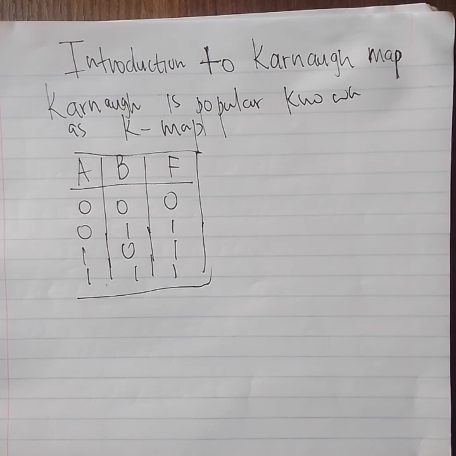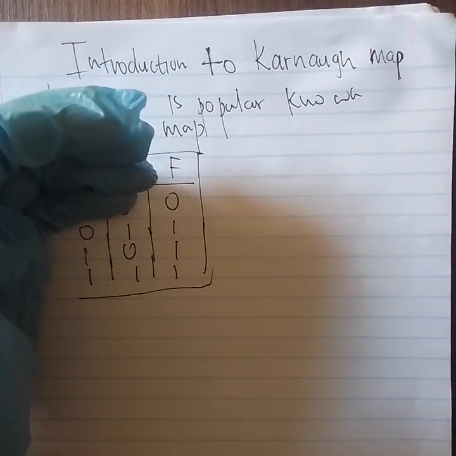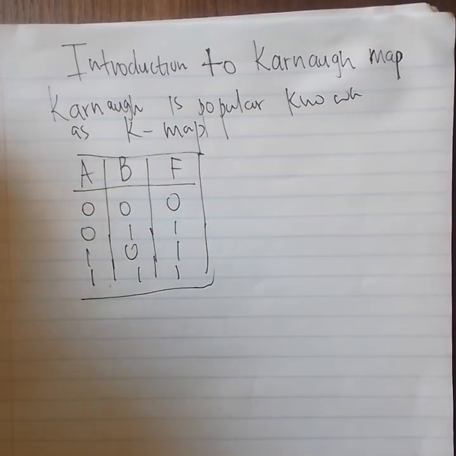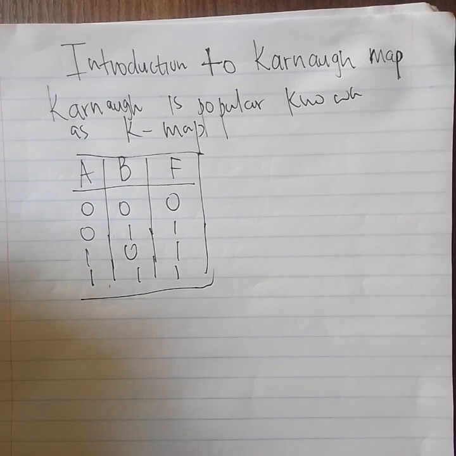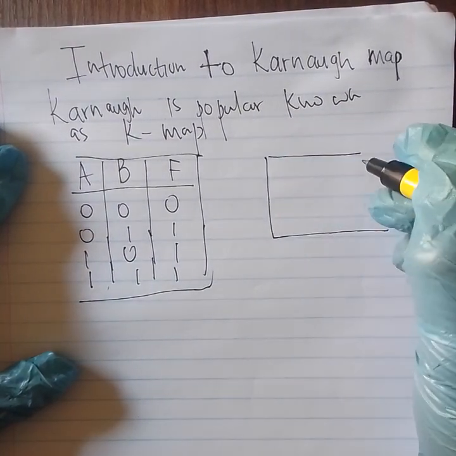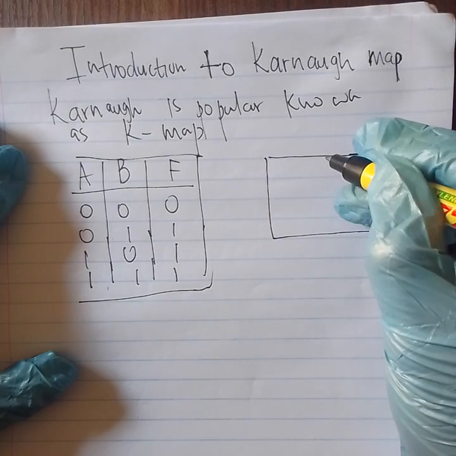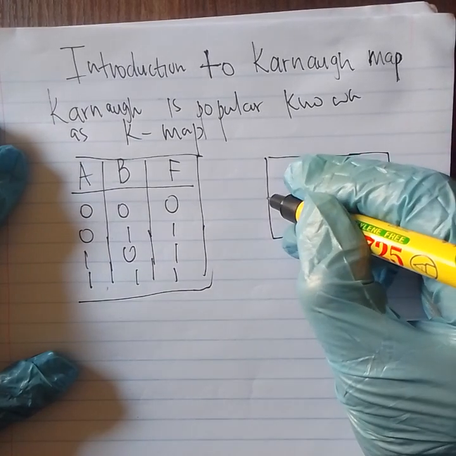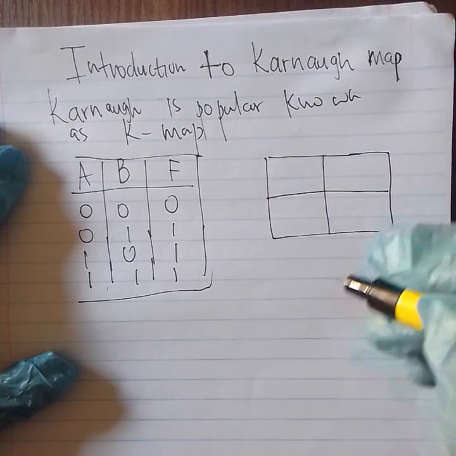Now we have to construct a K-map using this truth table. In order to construct a K-map, we have to draw a grid, which is 2 columns and 2 rows.